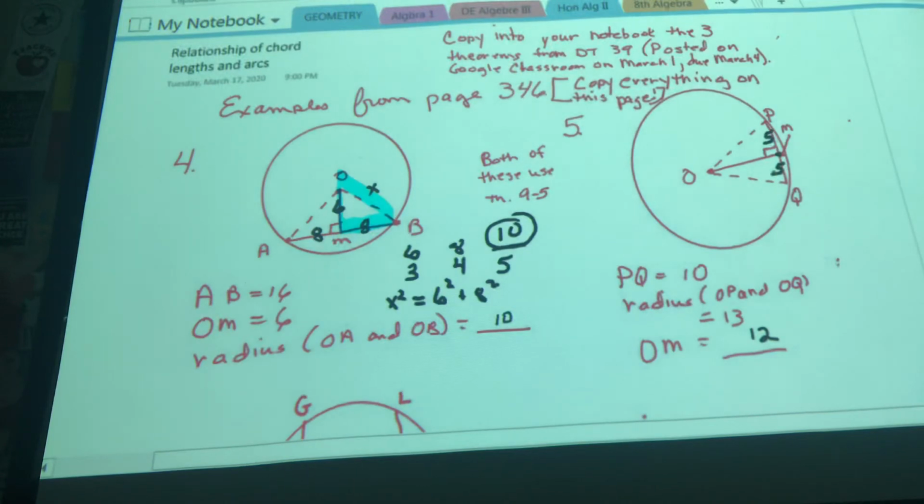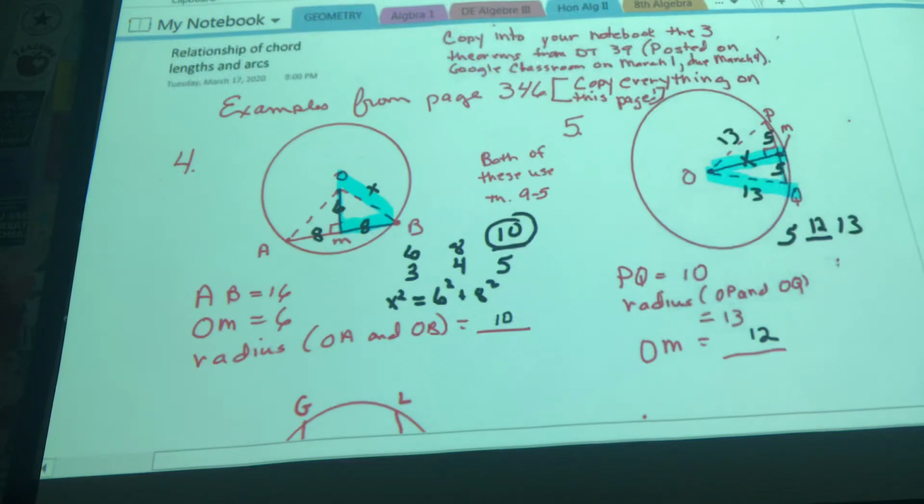That means from O to P, from the center to a point on the circle, is 13, as well as from O to Q is 13. Let's look at one of these two right triangles. What am I missing? I'm missing one of the legs. 5 is a leg, I'm missing a leg, and 13 is the hypotenuse. 5, what? 13. We all know that it is 12.